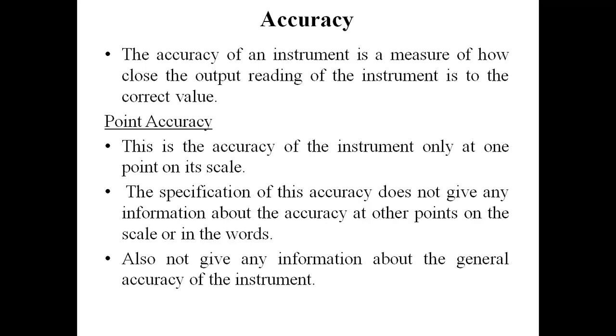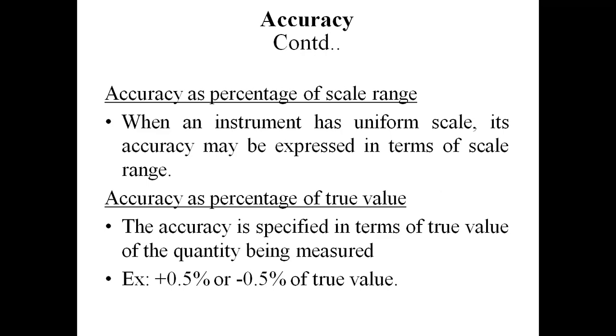So when you are talking about accuracy, it is a measure of how close the output reading of the instrument is to the correct value. The accuracy can be expressed as a percentage of scale range, and at the same time as a percentage of true value. When an instrument has a uniform scale, its accuracy may be expressed in terms of scale range.